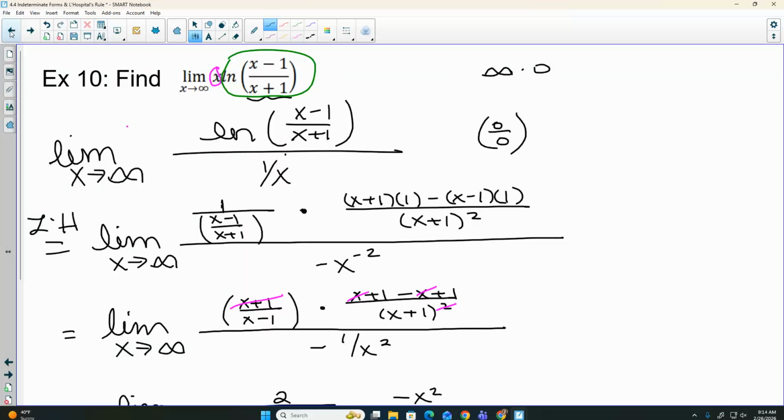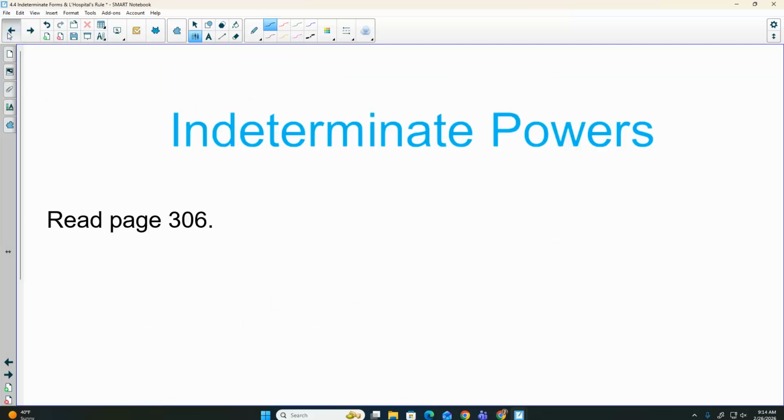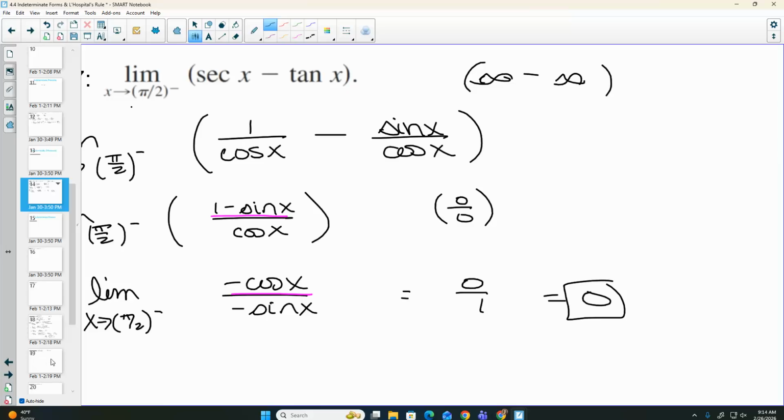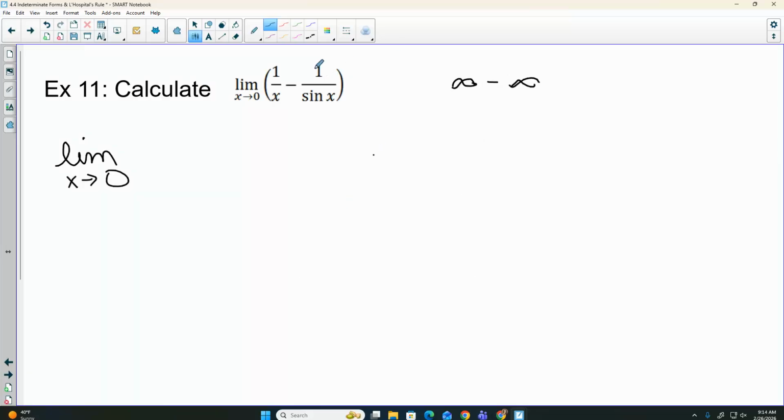Look back at number 7. We had infinity minus infinity. What did we do? Oh, we had to put them together into a single fraction, right? So we have to have a common denominator to put them together so we can use L'Hopital's. So I have to get a common denominator.